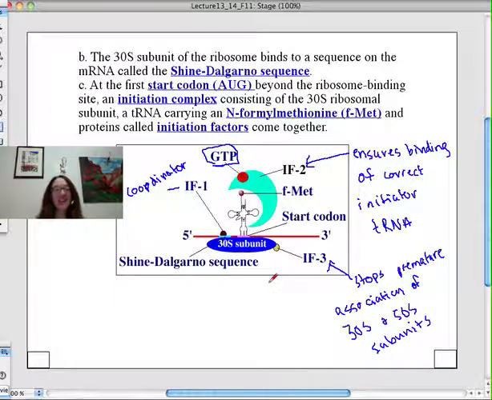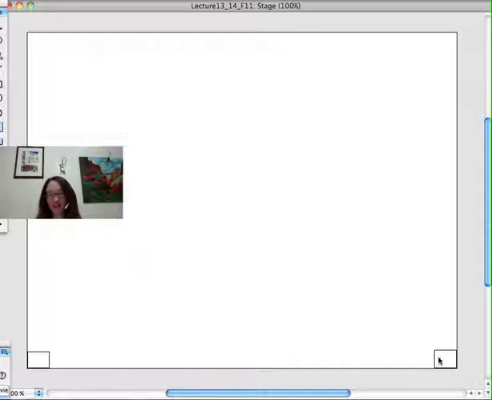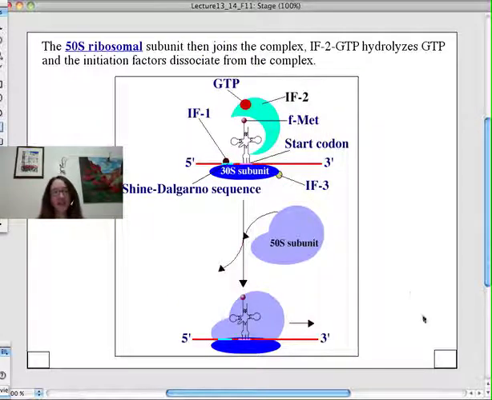Okay, so now that we have the initiation complex all ready to go, clearly the one thing that's not happening here is that the 50S subunit hasn't associated yet. So at this point, GTP will be hydrolyzed as IF2 leaves, and the 50S ribosomal subunit will come in and be associated now with the 30S subunit. So we'll see that in the next phase, where the 50S ribosomal subunit joins as the initiation factors leave.